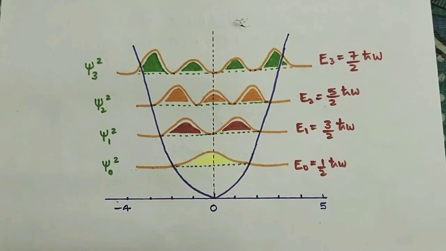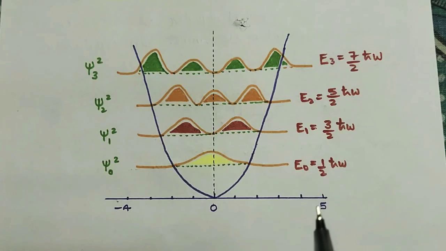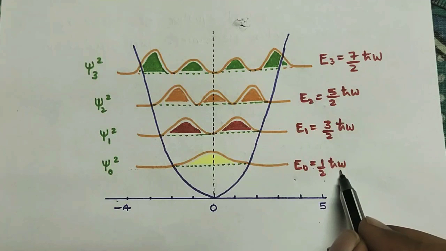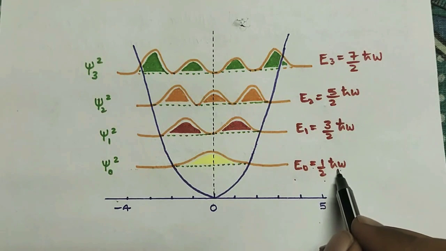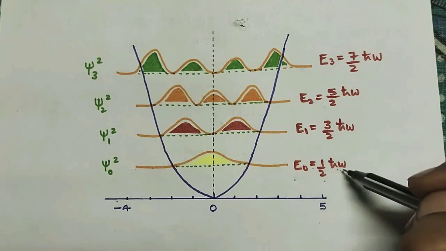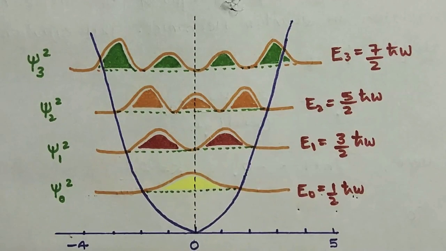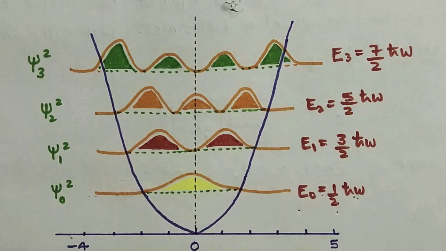This is shown in the graph: the least energy of the quantum oscillator is E naught equals half h cross omega, and after that it is the odd multiple of half h cross omega. So this is the analytic method for the simple harmonic oscillator.